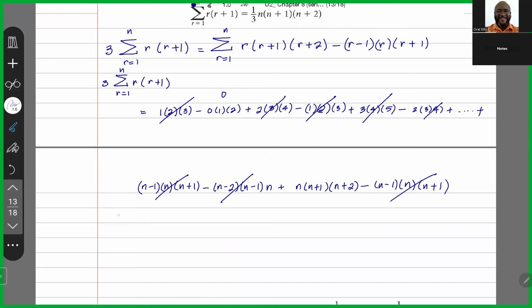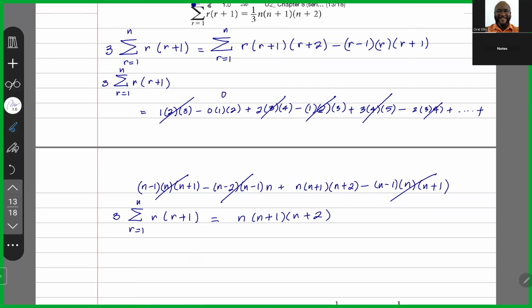So what we have is that 3 times the sum from r equals 1 to n of r into r plus 1 is equal to n into n plus 1, n plus 2.